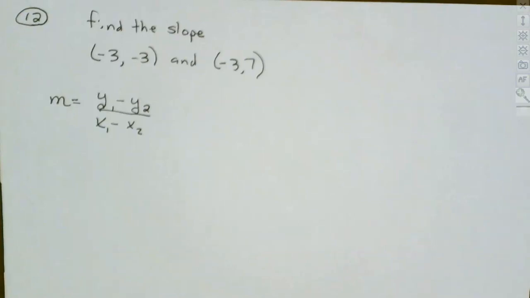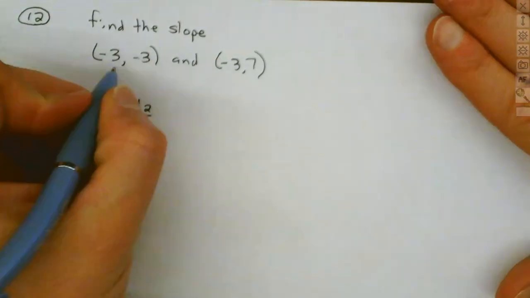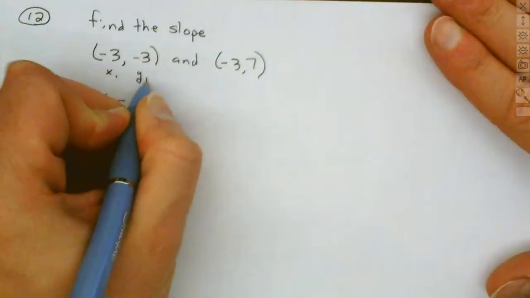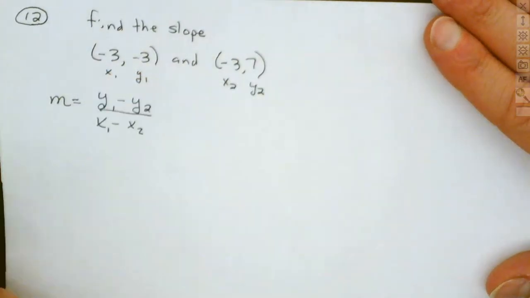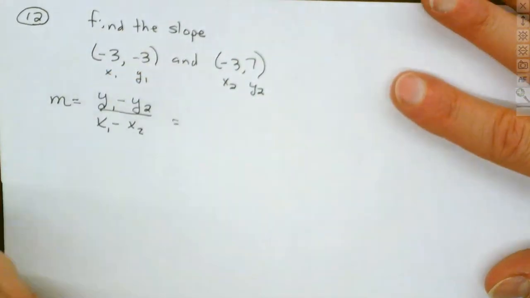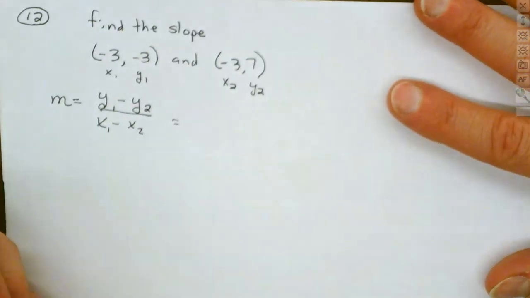So that is the y component. Run is the left and right component. So that's why the y's are on the top, x's are down below. We label them as x1, y1, x2, and y2. We need to watch out for double negatives when we plug these in, if we have any.